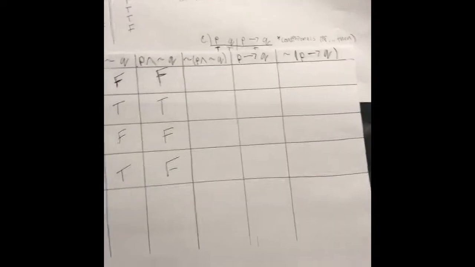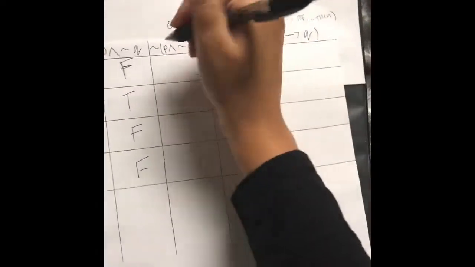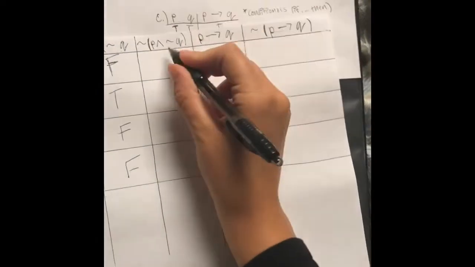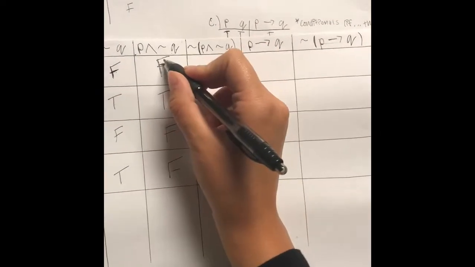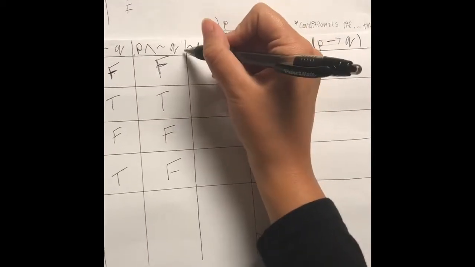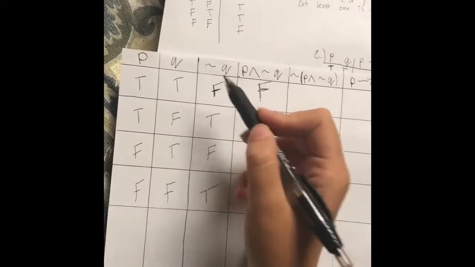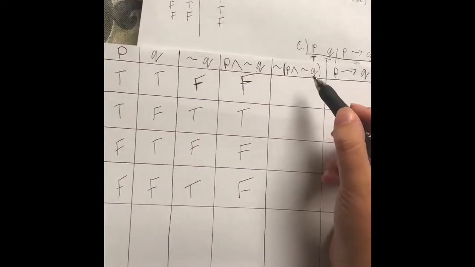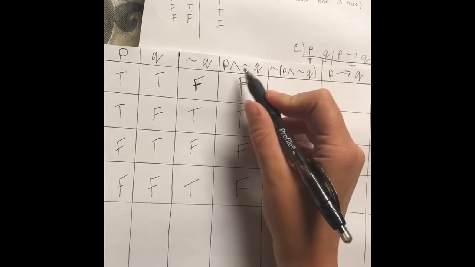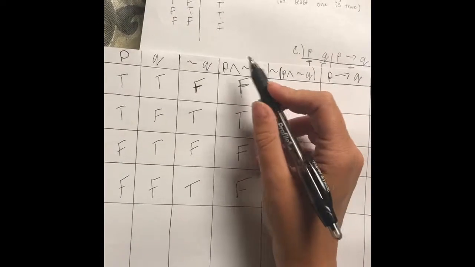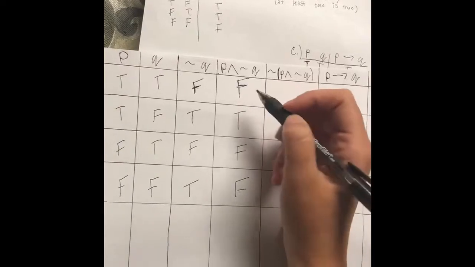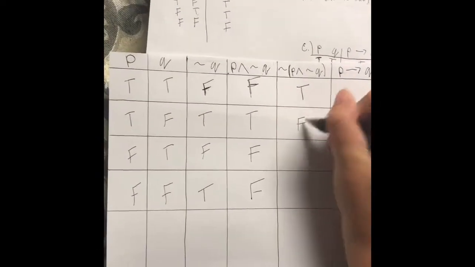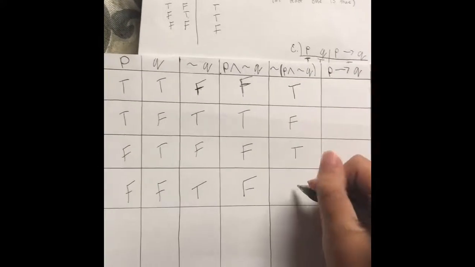So it might look harder than it is, but actually the way I see it, this is essentially the same thing as this column, yet everything is negated. Just as we learned before with Q and the negation of Q, essentially the same thing. So in this column, since P and the negation of Q, or P and not Q, is false, this would be true, this would be false, true, and true.